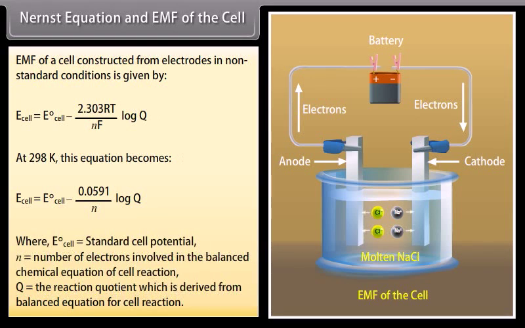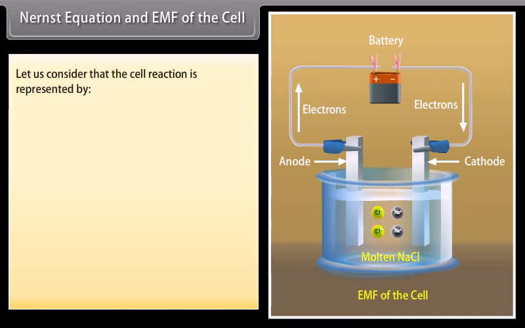Here, E naught cell is equal to standard cell potential, n is equal to number of electrons involved in the balanced chemical equation of cell reaction, Q is equal to the reaction quotient which is derived from the balanced equation for cell reaction.